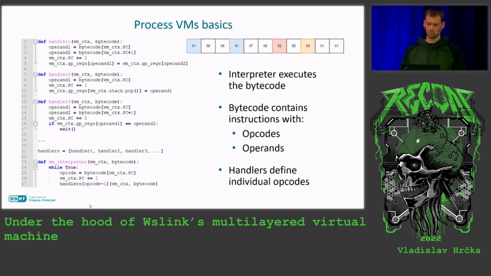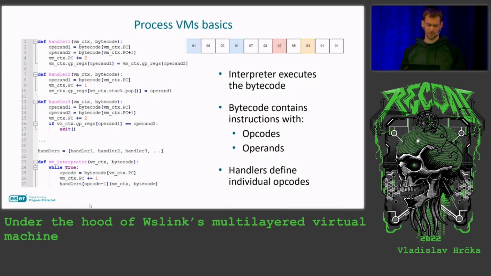So how do process VMs work? They work just like standard machines. They use some bytecode that works like machine code and consists of instructions that have opcodes and operands. And we can see on the left side what a VM can look like.